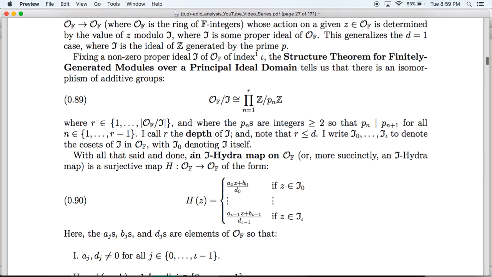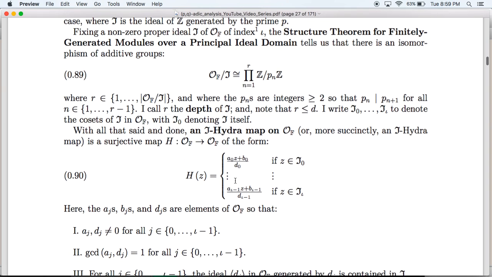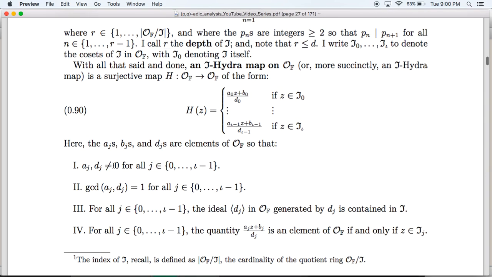With all that said, an I Hydra map on O_F, or more succinctly, an I Hydra map, is a surjective map on O_F of the following form: an affine linear map that we apply depending on the value of the input modulo I. Here, the a_j's, b_j's, and d_j's are F integers, such that the a_j's and d_j's are non-zero, the GCD is 1, the ideal the d_j's generate in O_F is contained in I, and here we have the integrality condition.